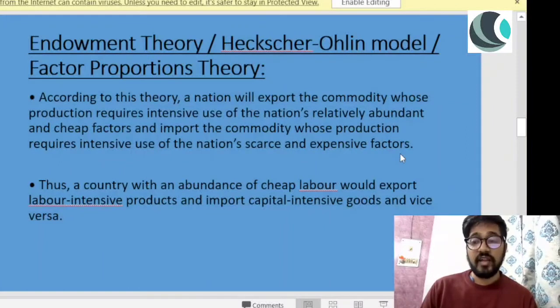So, this is what we have read now. But I'll explain it with an example. India is a labor surplus country. So, India will export those commodities which are more labor oriented. If we produce a product which is more labor oriented, it will cost us less, right? Because we have abundance of labor.